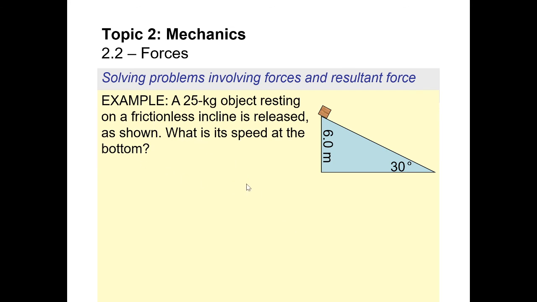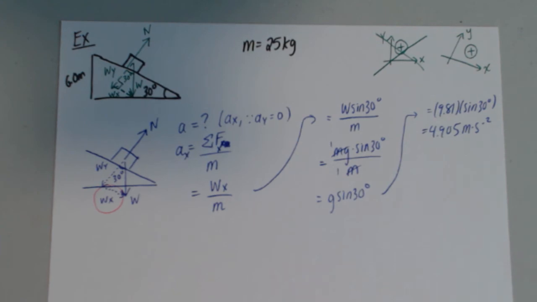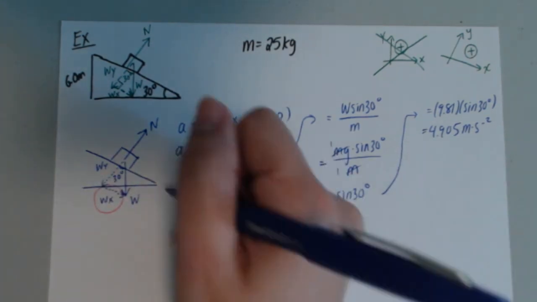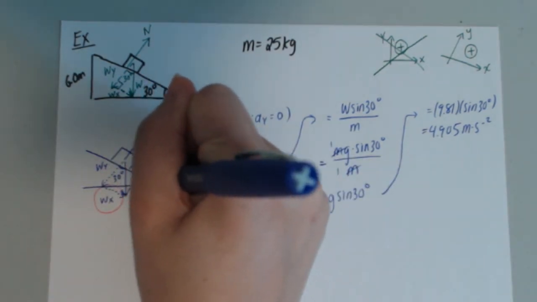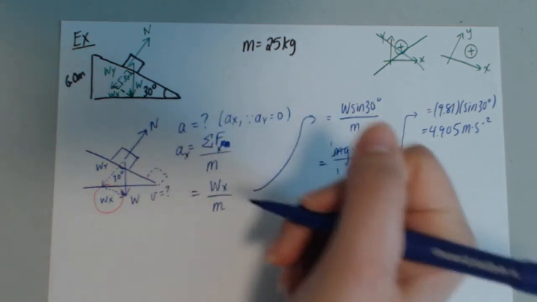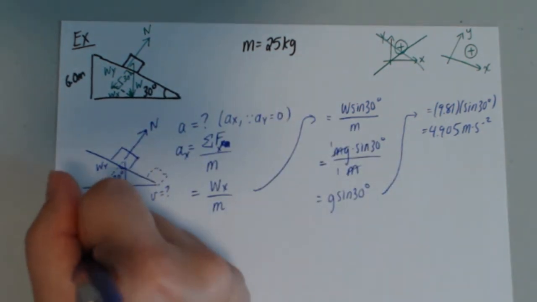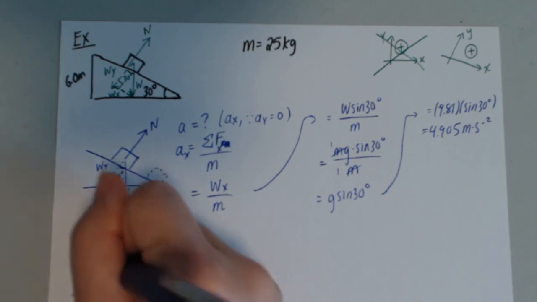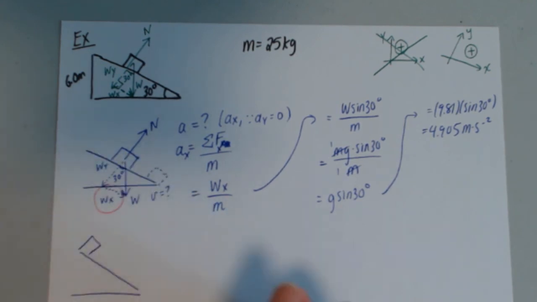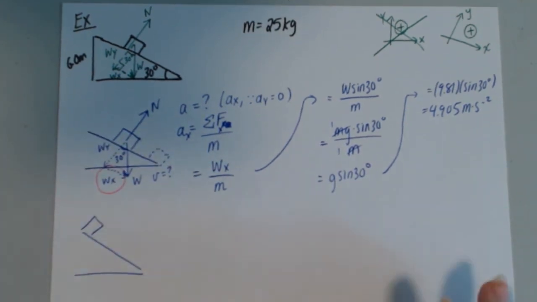So same question, what is its speed at the bottom? Obviously when it gets to the bottom, it's going to have sped up. So let's go back here. Now when it's down here, we want to know what v is. Looking at the problem initially, when this thing is at the top, it's released from rest, right?